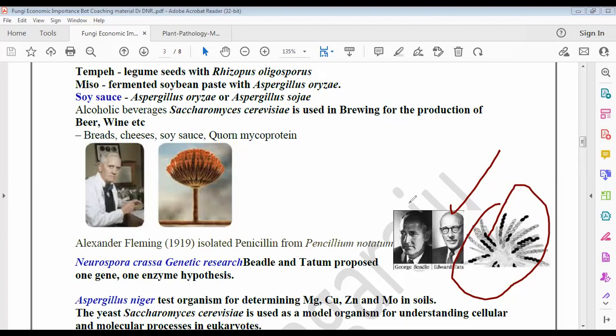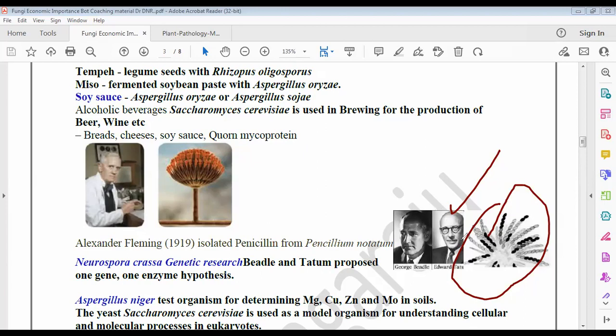The one gene, one enzyme theory calls for the production of so many antibiotics, enzymes, hormones, vitamins. This one gene, one enzyme, one gene, one protein theory was proposed by these two people, Beadle and Tatum.